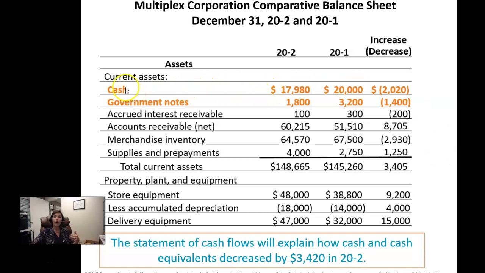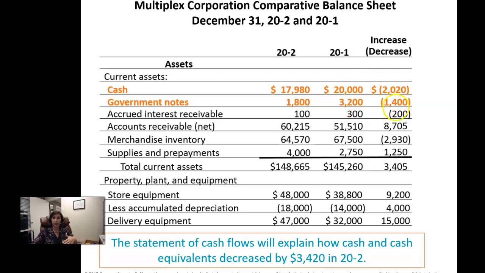We have our cash and government notes, which are treated as cash equivalents. And so we can see that overall between our cash and cash equivalents is a decrease of $3,420. And again, this is the target number that we need to get to at the end of our financial statement, right before we get to our bottom line.